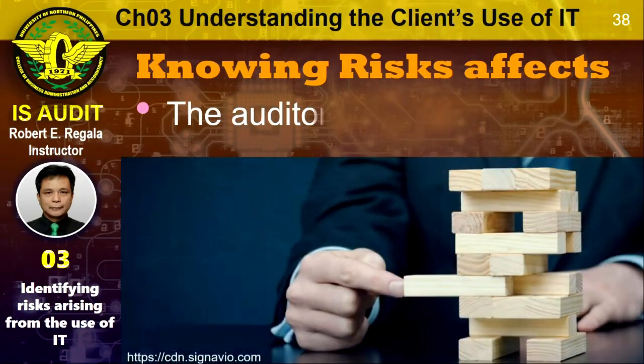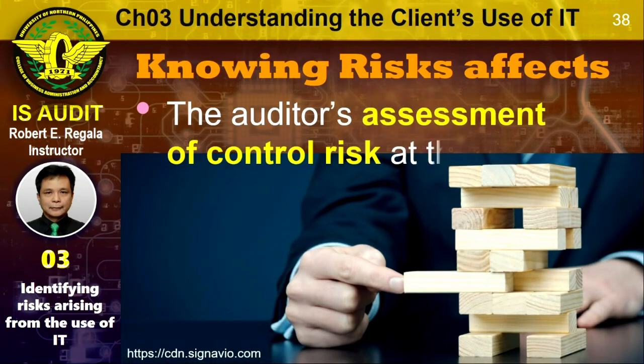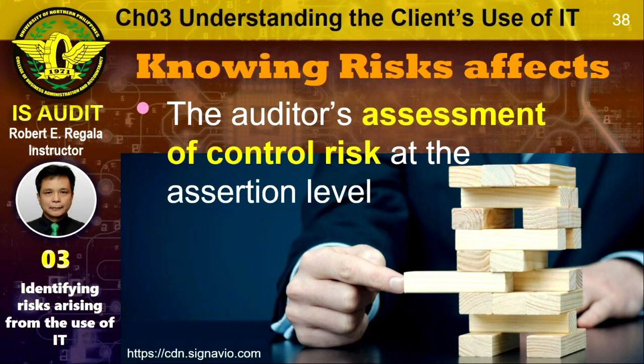The auditor's assessment of control risk at the assertion level. For example, the ongoing operating effectiveness of an information processing control may depend on certain general IT controls that prevent or detect unauthorized program changes to the information processing control. That is, program change controls over the related IT application.